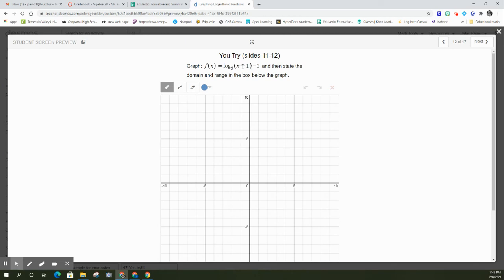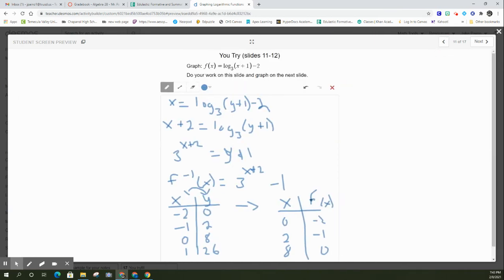We're going to start with our vertical asymptote, which is -1. So we'll draw that, and then we have the 3 points from the table of values we just made. So let's plot those 3 points: 0, -2, 2, -1, and 8, 0.